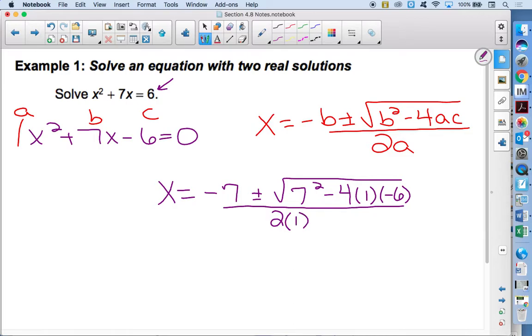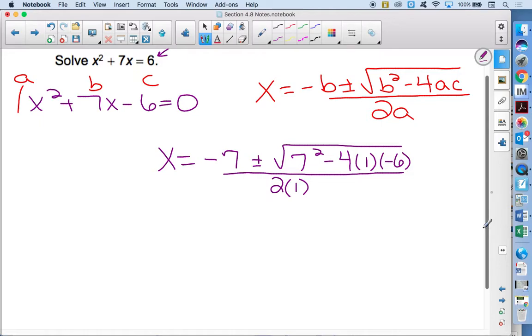Again, a is 1. So in your calculator, or in your brain, all you're doing is plugging this stuff in underneath. You're going to keep the square root in the problem because we're not having decimal values. We're working with radical square roots, keeping those things exact.